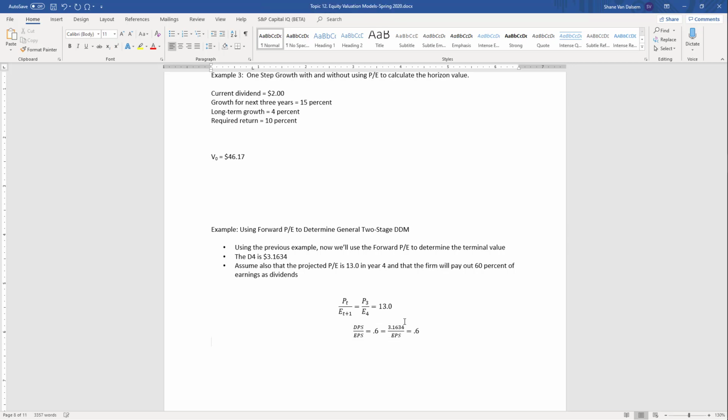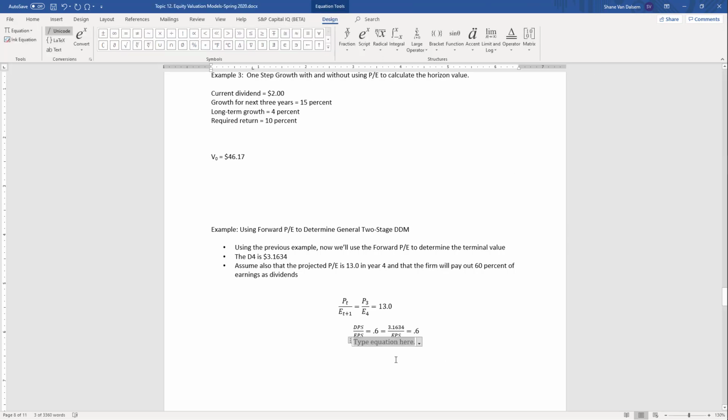So we get 3.1634 divided by 0.6 is equal to my earnings per share, or my earnings per share at time 4.